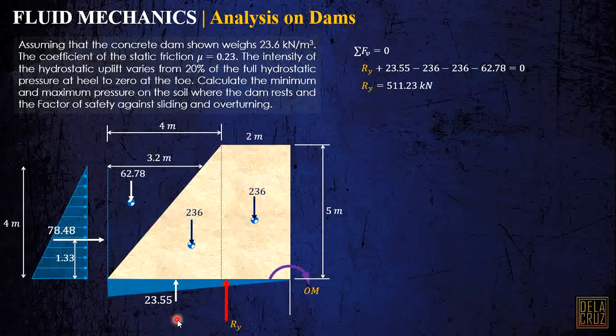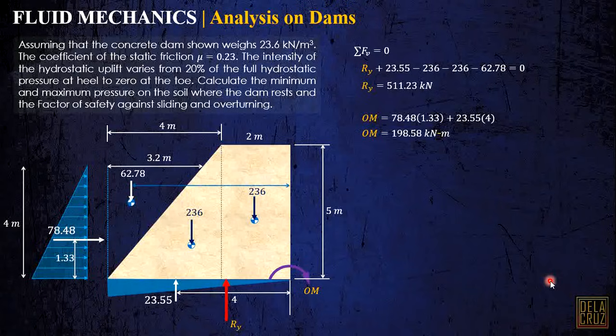Also this one, that is 2/3 of this base, or 2/3 of 6. This is a triangle. Now the overturning moment is just this force times this arm, plus this one times this arm. Okay, clear? And we have 198.58 kilonewton meters.